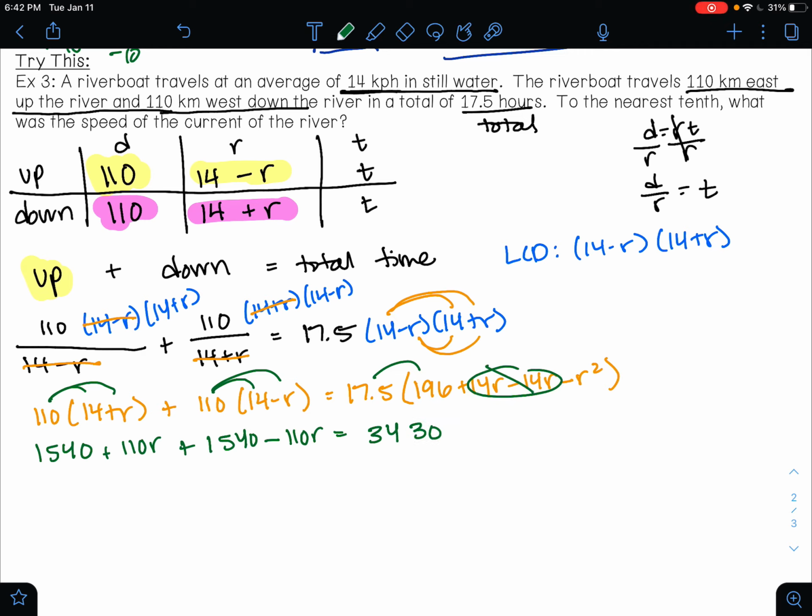My middle terms are going to cancel. And here I'll have negative 17.5 R squared.